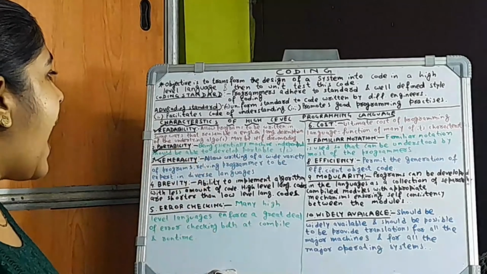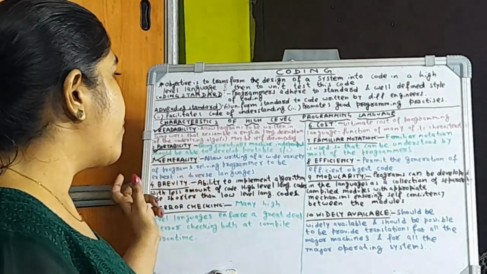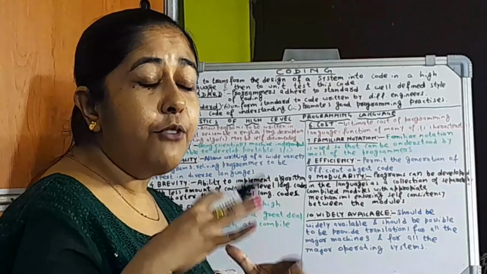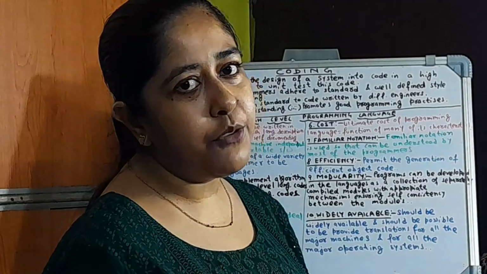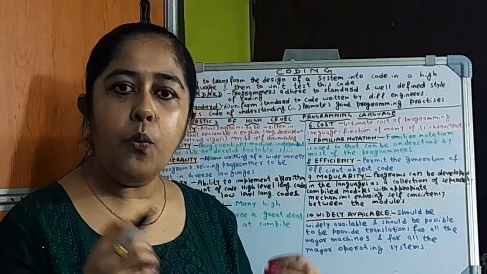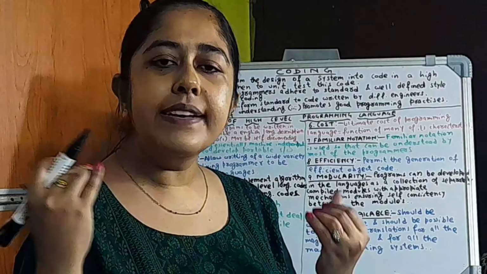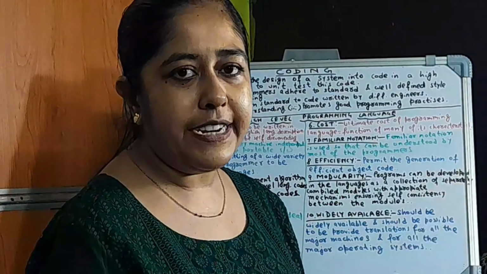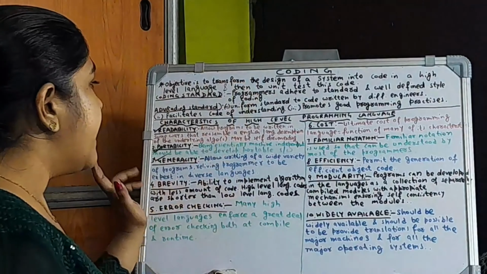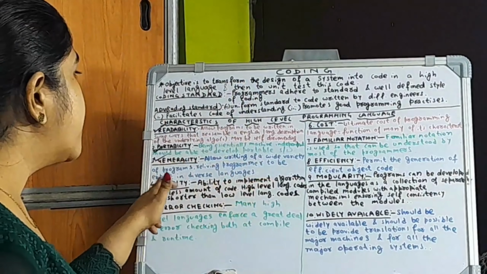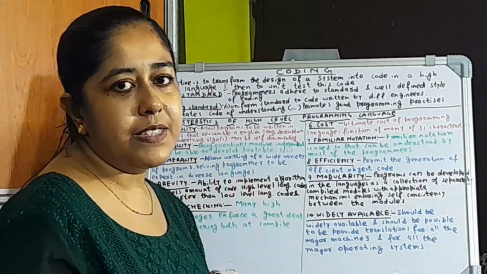What is generality? It allows writing a wide variety of programs. You can write a wide variety of programs with the help of this high level language. Whatever program you want in making this software, you can easily write it. Why? It relieves programmers from having to be experts in diverse languages.